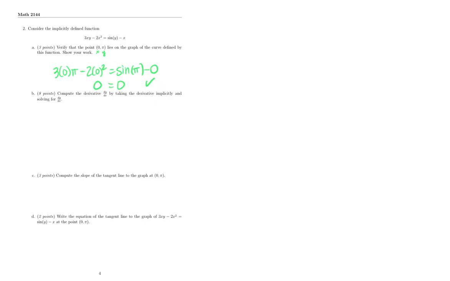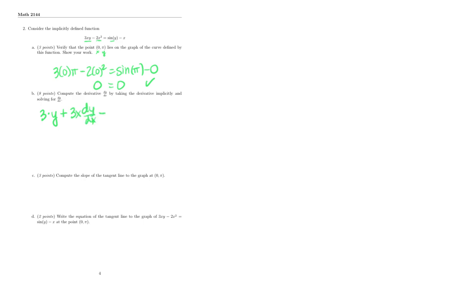For the next one, compute the derivative dy/dx by taking the derivative implicitly and solving for dy/dx. To take the derivative here, I need to apply product rule, and I'll also need some chain rule as I go along. The derivative of 3xy is going to be 3 times, I'll leave the y alone, plus I'll leave the 3x alone, and then take the derivative of y, so dy/dx.